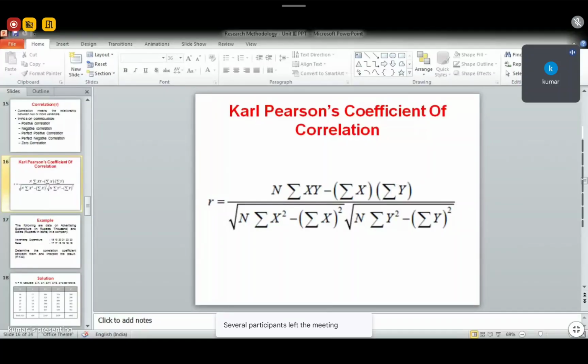In this case, the value is 0.9277. It is almost 1, nearest to 1. So it is a high level of positive correlation between these two variables. That means whenever the advertisement expenditure increases, sales will definitely also increase to the greatest level.